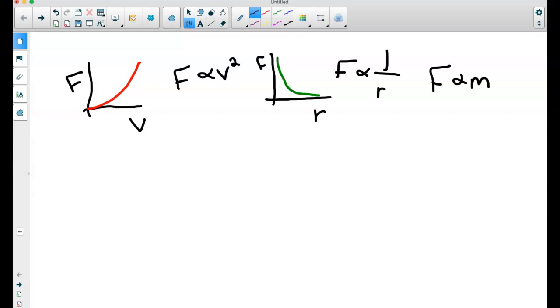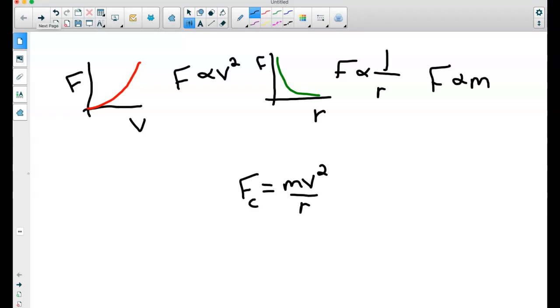Now, if I combine all three of these together, and I'm going to add a little subscript c to indicate that I'm talking specifically about the centripetal force, it's going to be mass times velocity squared all over radius. So that's the equation that comes out of the lab you did.